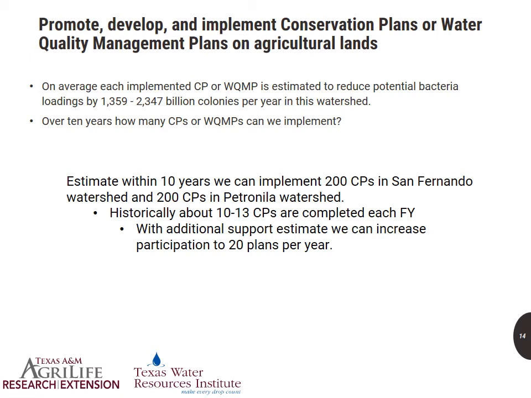And I'll just remind y'all, as Lucas mentioned in his presentation with loadings, there were different load reductions needed for San Fernando as well as for Petronila. So even though for this watershed protection plan, we are addressing both watersheds, for these management measures, we are looking at the San Fernando watershed and the Petronila watershed separately, because their load reductions needed are different.